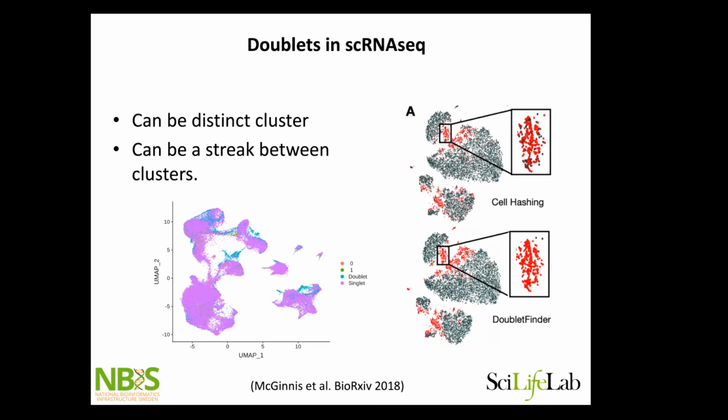It's also, in some other projects, especially if you have specific clusters, if this part here ends up being one cluster, you can also look at differential expression of that cluster before you decide that this is really doublets and not an additional cell type, and then decide if you remove it.